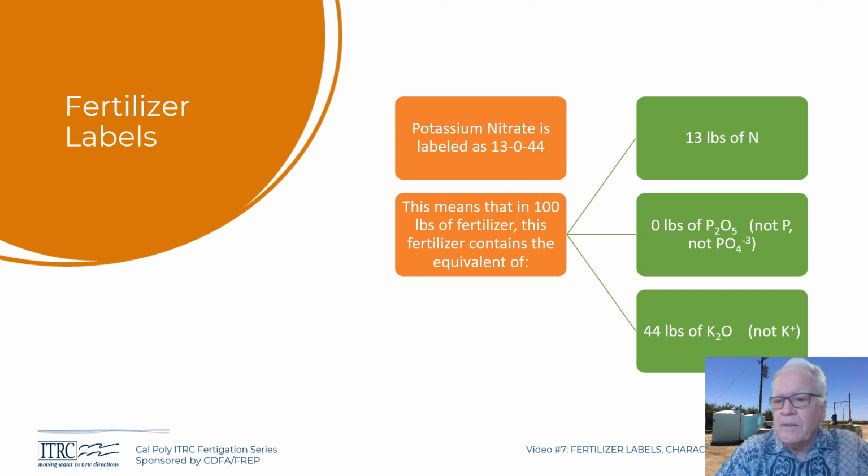It's not P and it's not phosphate. So here's a kind of a new term, this P2O5. That's used in the fertilizer rating. And then you have the number 44, and that refers again to a kind of strange thing. It's K2O. In other words, it's not 44 pounds of potassium, but it's K2O.